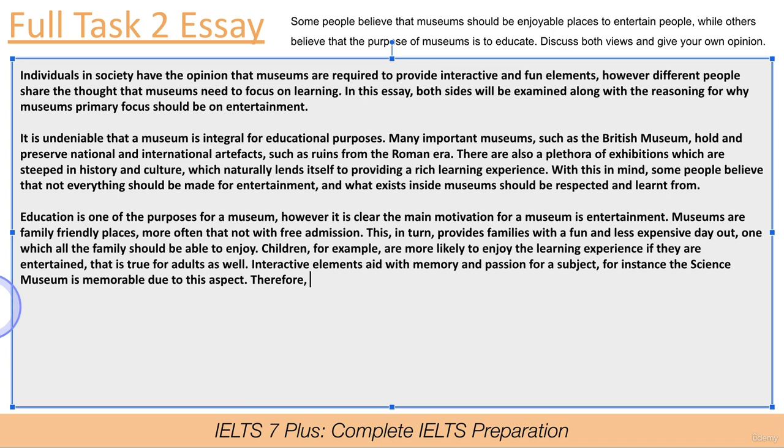Therefore, the public is more likely to revisit and as a result learn. So we're arguing that yes, one of the reasons is education, we're not denying that education is a purpose, but we're arguing that if the purpose is to entertain, then by default it will educate as well.